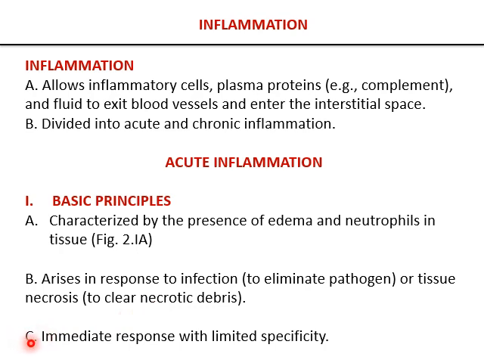C, acute inflammation is an immediate response with limited specificity. So it happens very fast. It takes only a few minutes or maybe hours, in comparison with chronic inflammation. Acute inflammation is considered to be fast, immediate, but less specific.